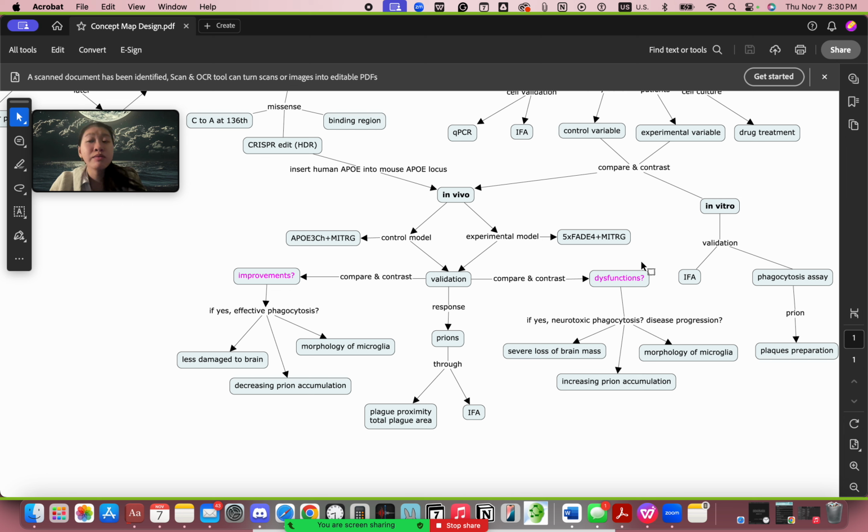I may find an increase in plaque accumulation, as well as sped-up formation of tau, and the microglia shape and size might increase and change compared to the healthy model.